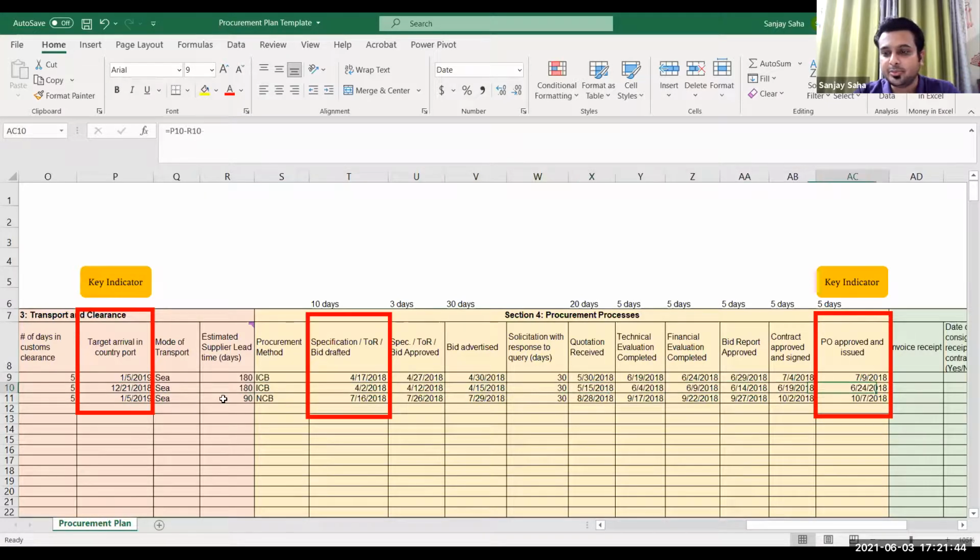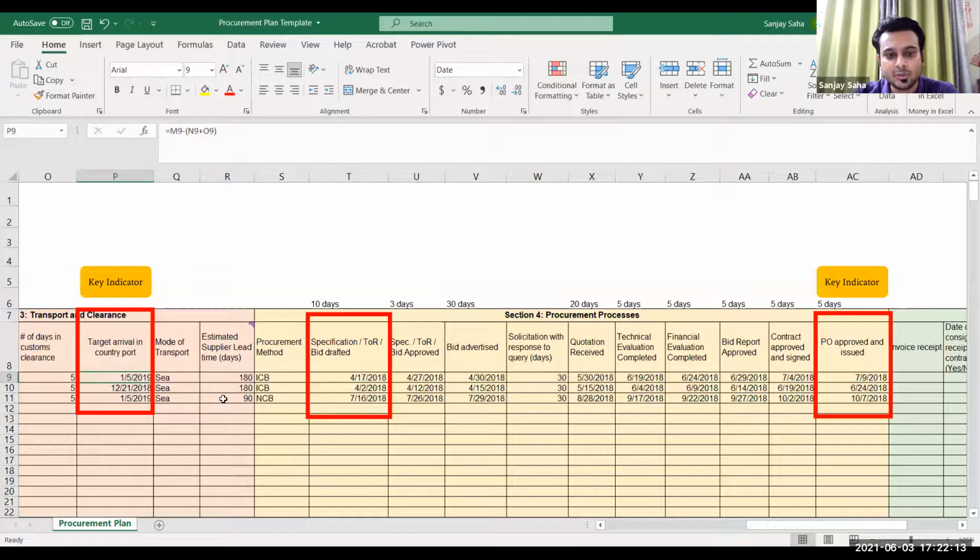this particular date, PO approved and issued, is the 9th of July 2018. If your PO is approved at this date, only then your target arrival in the country would be this, which is 5th of January 2019.